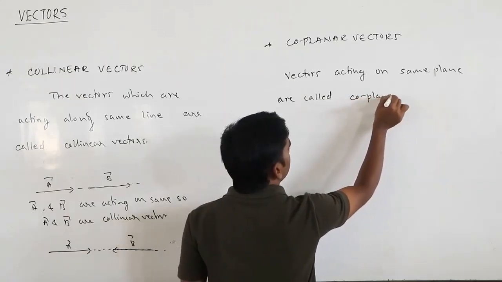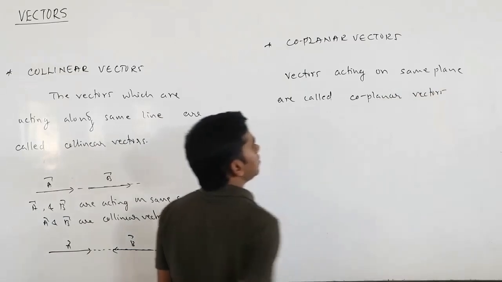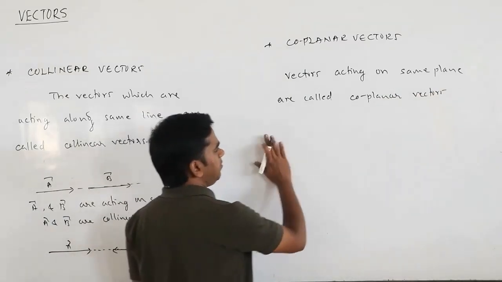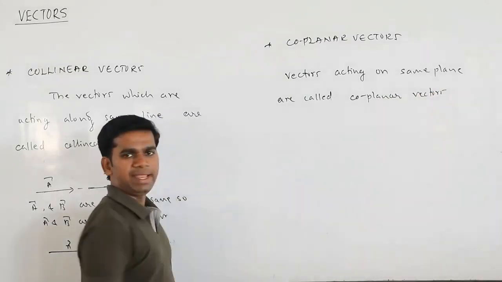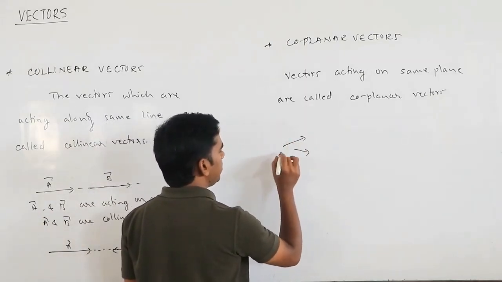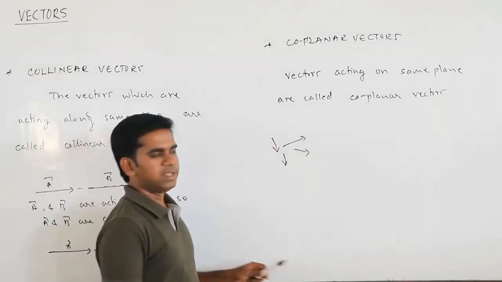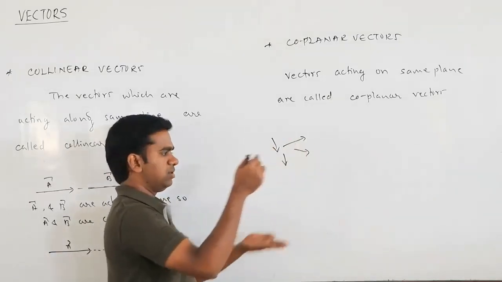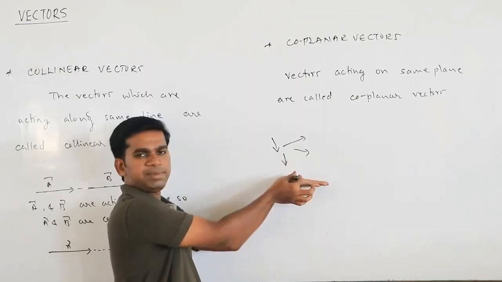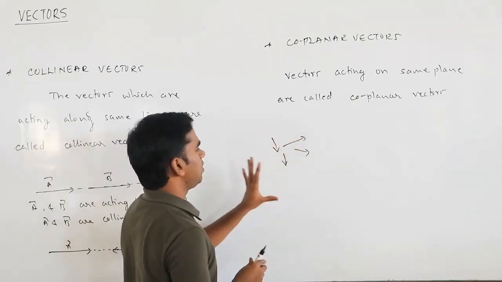Suppose you take this board as a plane, and I draw some vectors over here. Whatever may be the direction, they all are on the same plane. Nothing is coming out of the board. So these are what we call coplanar vectors.